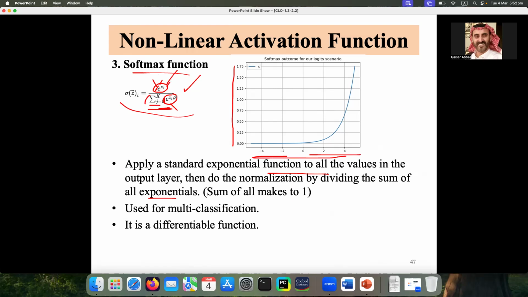So if my z values are from z1 to zn, then this is z1, and it becomes e^z1 divided by the sum of e^zj, with j from 1 to n. If the total number of z is k equal to n, then you add all those. That is what this is representing.